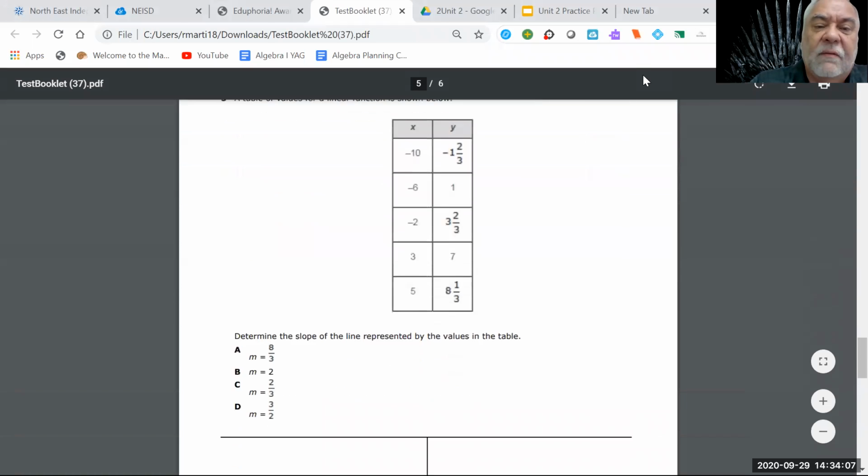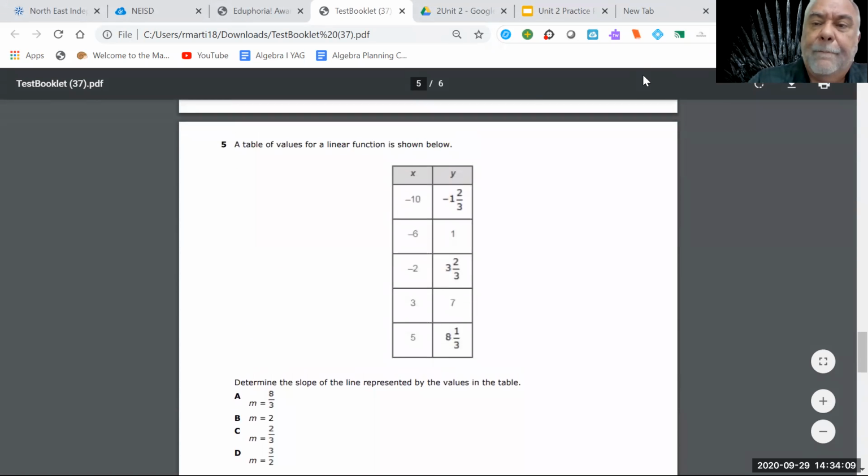Okay, number 5, simple slope. What I do is I try to keep with positive numbers, even though I'm good at negative numbers and I'm good at math and I have a lot of experience doing them. I'm like you guys. I try to keep everything positive if I can.